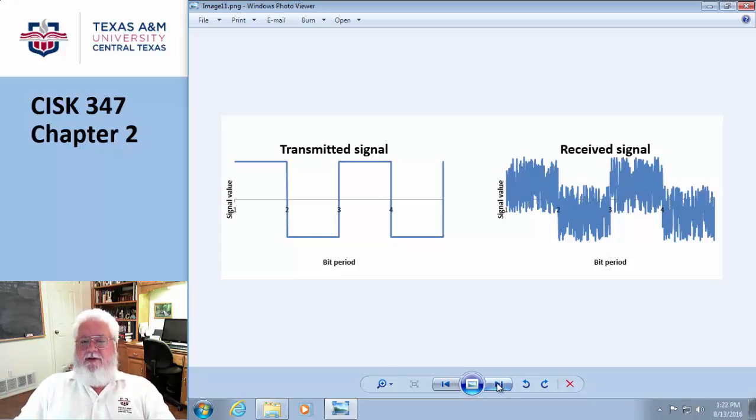Okay, so now we'll actually talk about what we mean by bandwidth. First of all, bandwidth is a horribly overused term. For example, if I said, well, I have broadband Ethernet, what the heck does that mean? It's marketing.